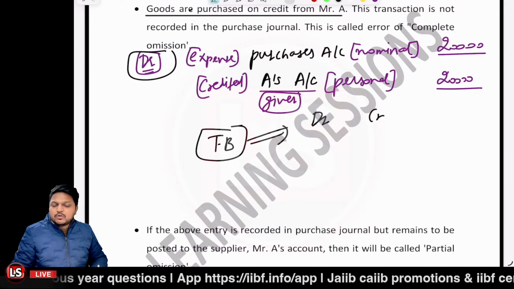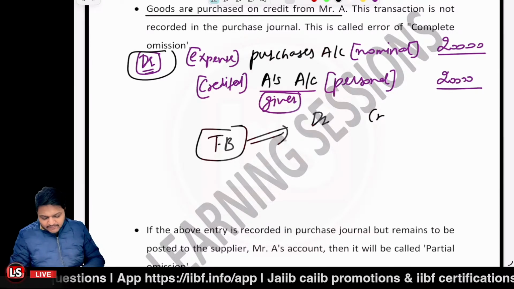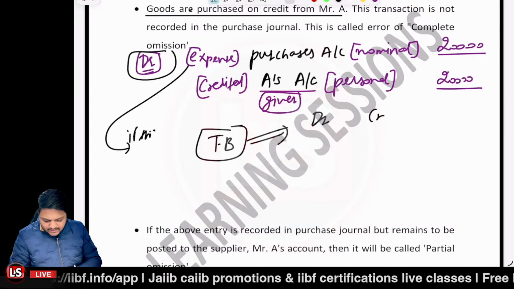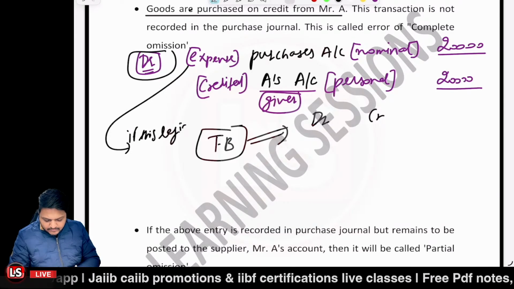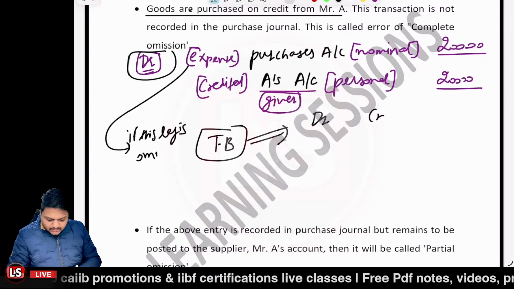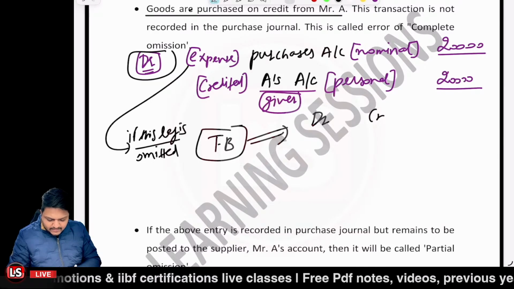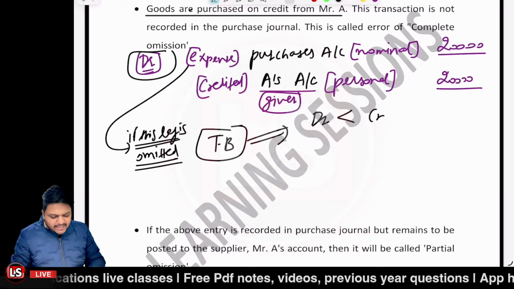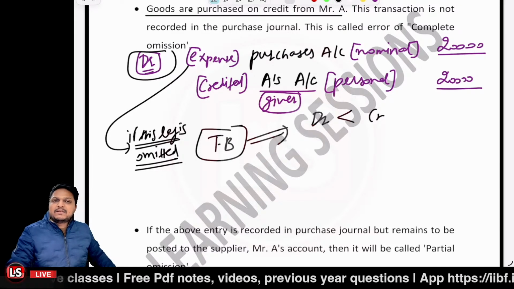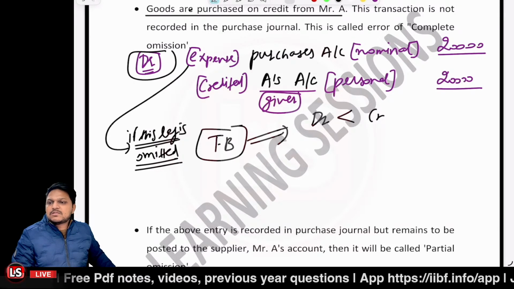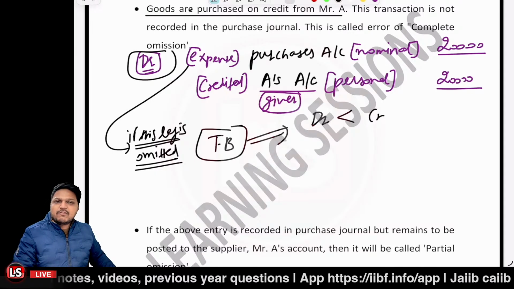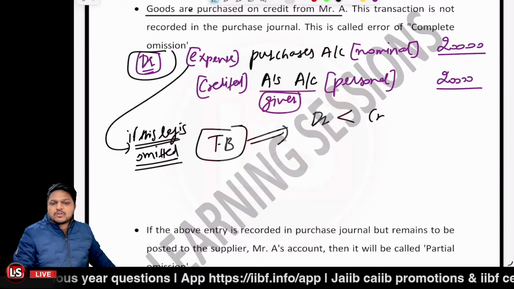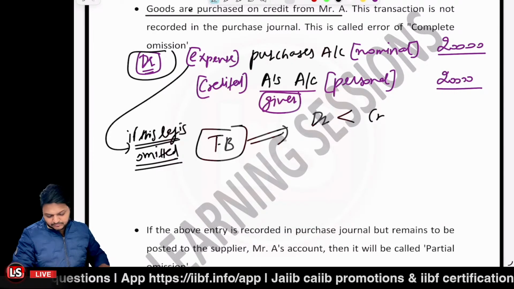If this debit leg is omitted, then definitely the credit side will be more than the debit side by 20,000 rupees, right?